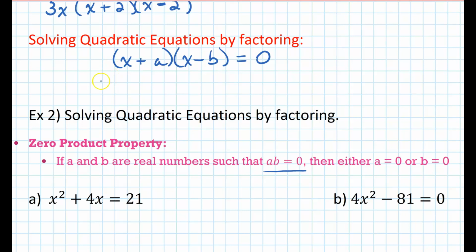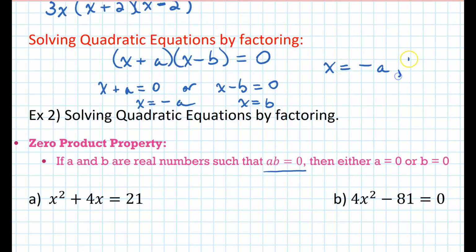So in this case, either x plus a would have to equal 0 or x minus b would have to equal 0. And then we would just solve. So x would be negative a. This one would be that x is equal to b. And so two answers here, negative a and b.